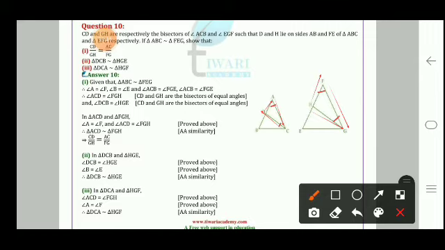So both the triangles are similar by the angle similarity criteria. Therefore we have CD over GH is equal to AC over FG. Now for the second part, we will consider triangle DCB and triangle HGE.